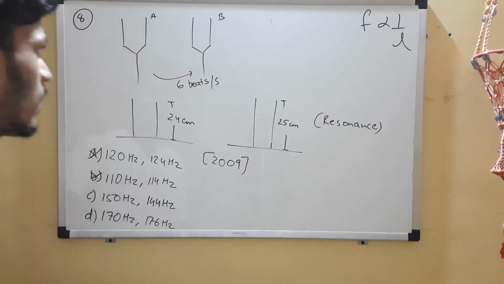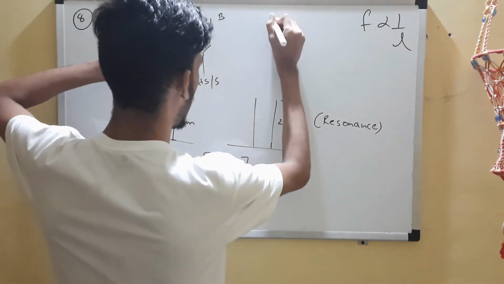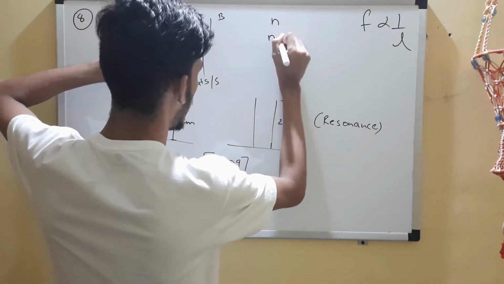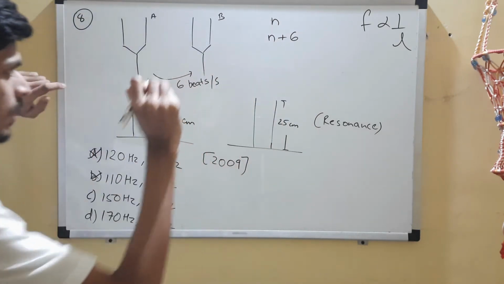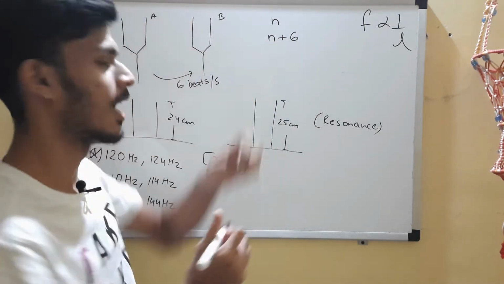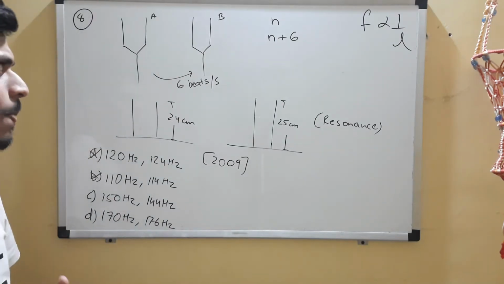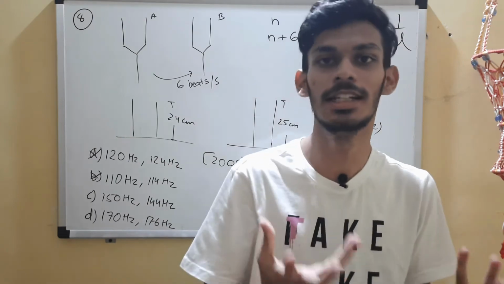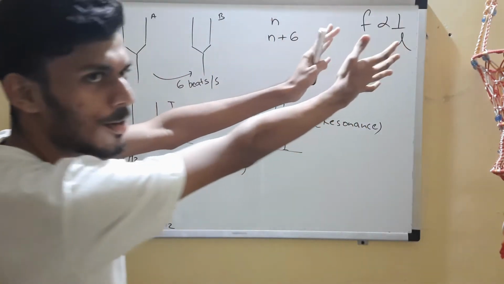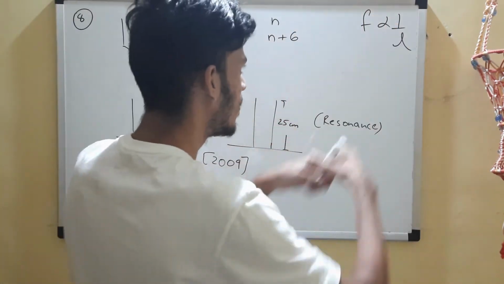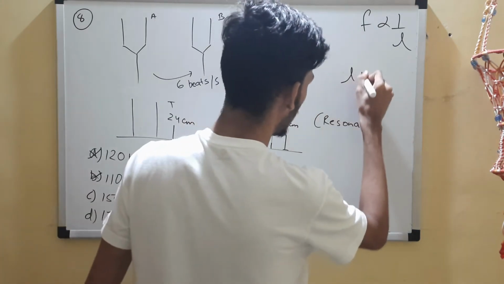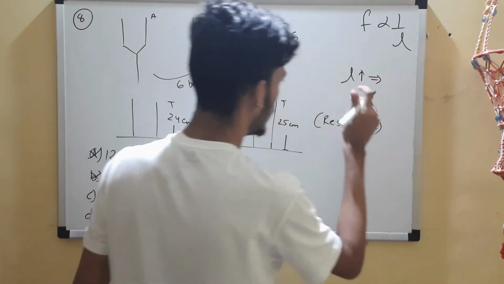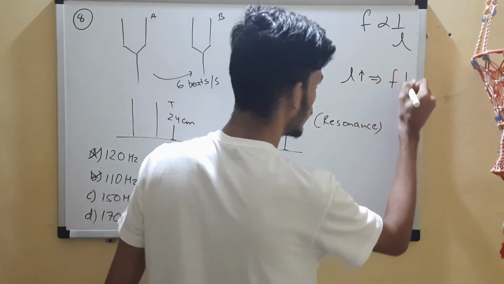So we can consider one of them as n and the other one as n plus 6, right? Okay. Now the question is who to consider n and who to consider n plus 6. Come back over here. Frequency is inversely proportional to length. So larger length implies smaller frequency.